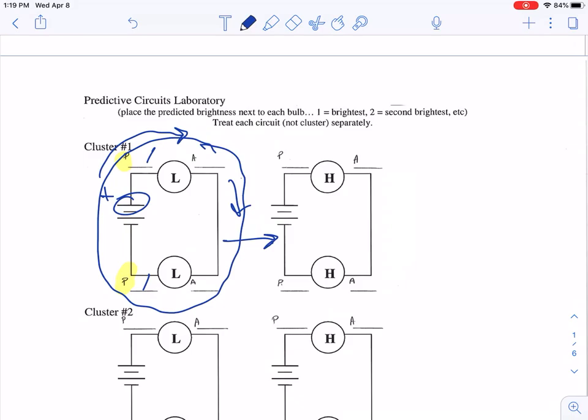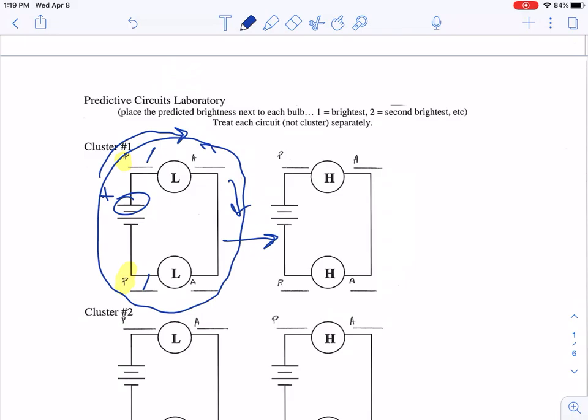Now, if we were actually doing this in the lab, I'd have maybe Liza and Bruce working together, and Liza would say, hey, I think this one's going to be brighter than this one. And then Bruce would say, well, I think they're both going to be the same brightness. Then you'd actually build it and say, oh, what actually happened? This is why you have two sets of columns, where you set a prediction and then the actual.